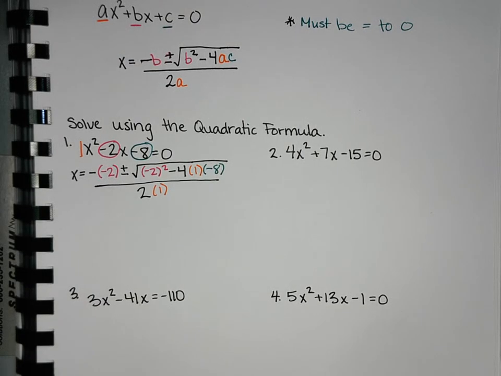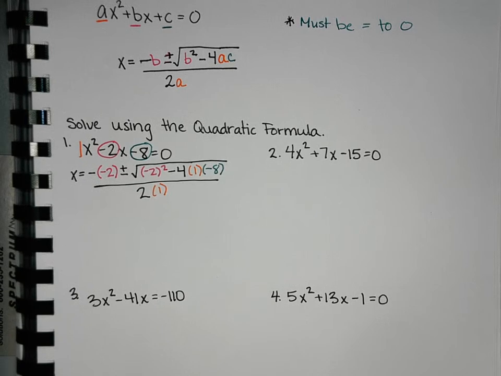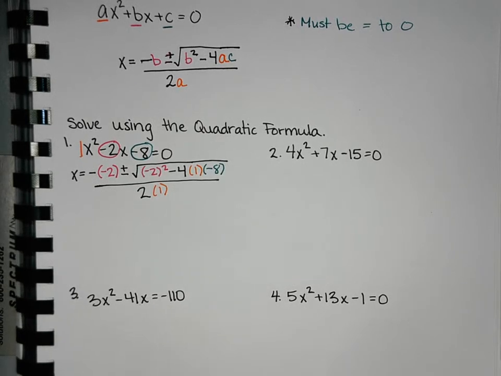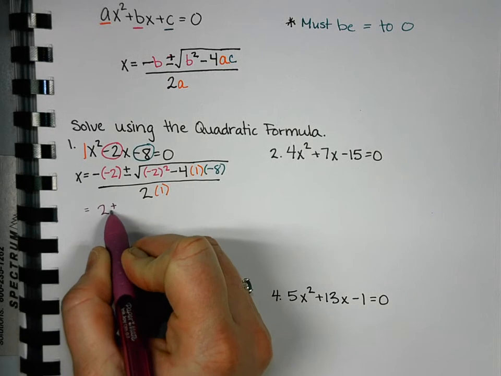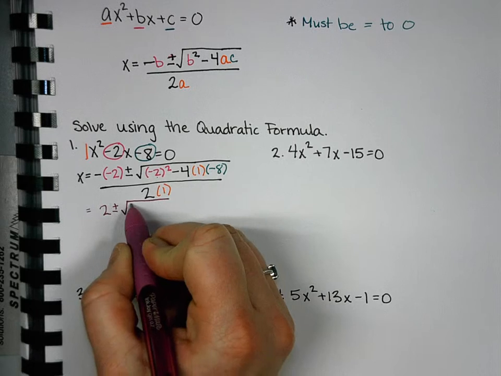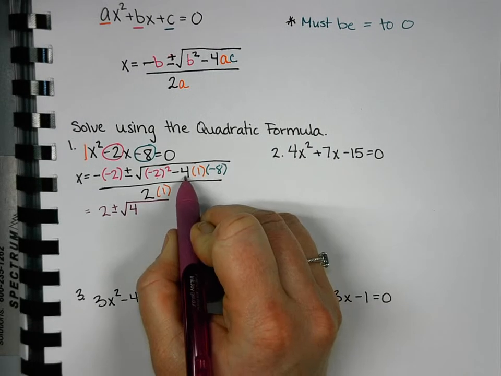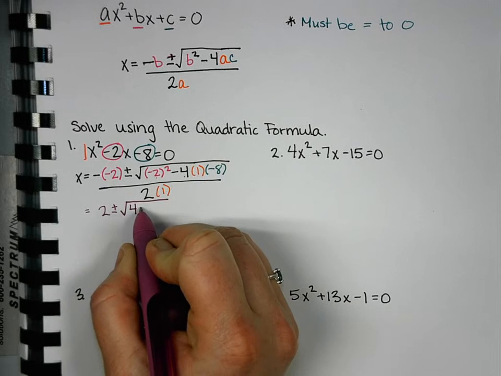Okay, now's the fun part where we get to simplify it. So, what do we have out front here? We have 2 negatives which make positive, so this will become +2. What's -2 squared? +4. Now what's -4 times 1 times -8? Wouldn't the square root cancel?